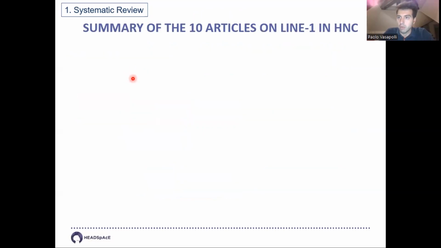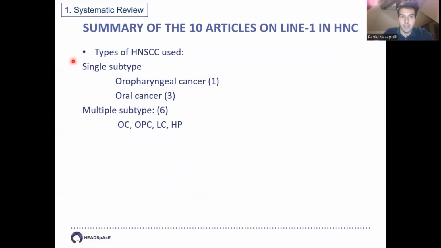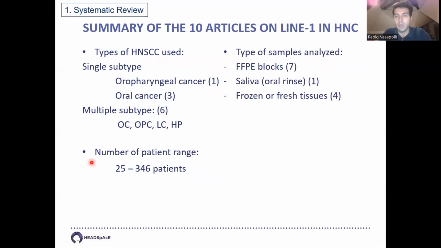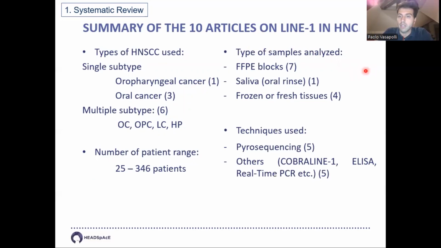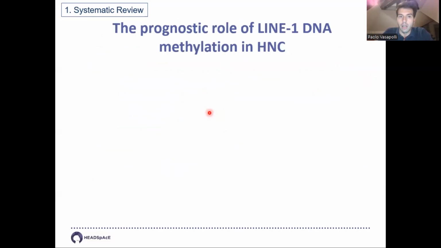The remaining 10 papers were analyzed in order to extract the most important information related to the studies, such as the subtype of cancer that they used in their studies, the number of patients used in their populations, which varied from 25 to 346, then the type of samples used for the analysis, and the techniques used for the DNA methylation analysis.